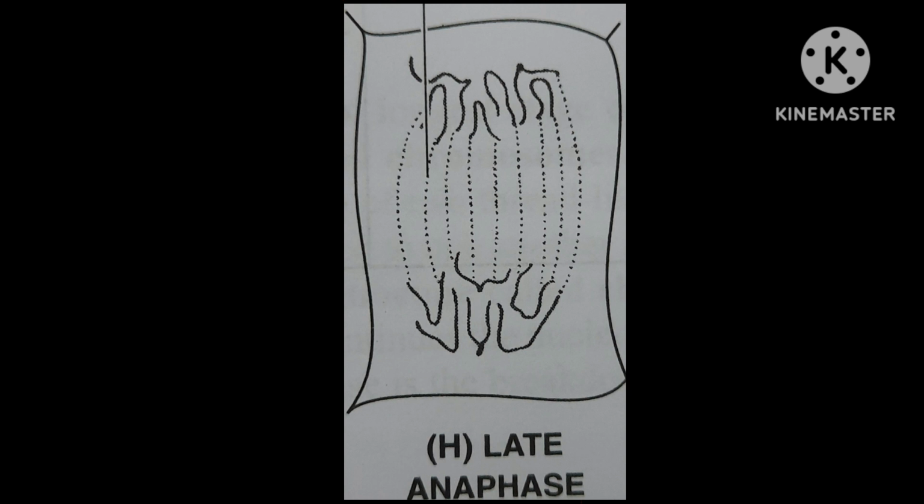Chromosomes attain characteristic shapes, such as capital V, capital L, capital J, or I shape, depending upon the position of the centromere during anaphase. At the end of anaphase, two groups of chromosomes are formed, one at each pole. The number and types of chromosomes at each pole are the same as in the parent nucleus.